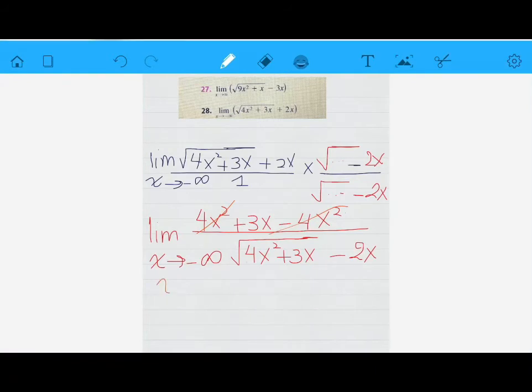Now in this part we change every x to minus x. Why minus x? Because you have minus infinity. This is the difference between the first equation and the second equation.